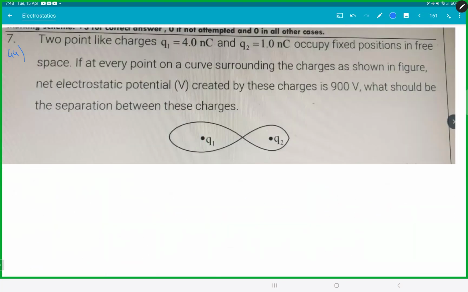Look at the question. We have two charges, Q1 and Q2, and this figure-eight shape, this thing is an equipotential surface. Now, these things you can't manually draw, you have to use a PC. But they have given this. And they're asking what is the distance between the charges with this information. So this equipotential surface's voltage is 900, Q1 is 4 nanocoulomb, Q2 is 1 nanocoulomb. Find the distance between the charges.